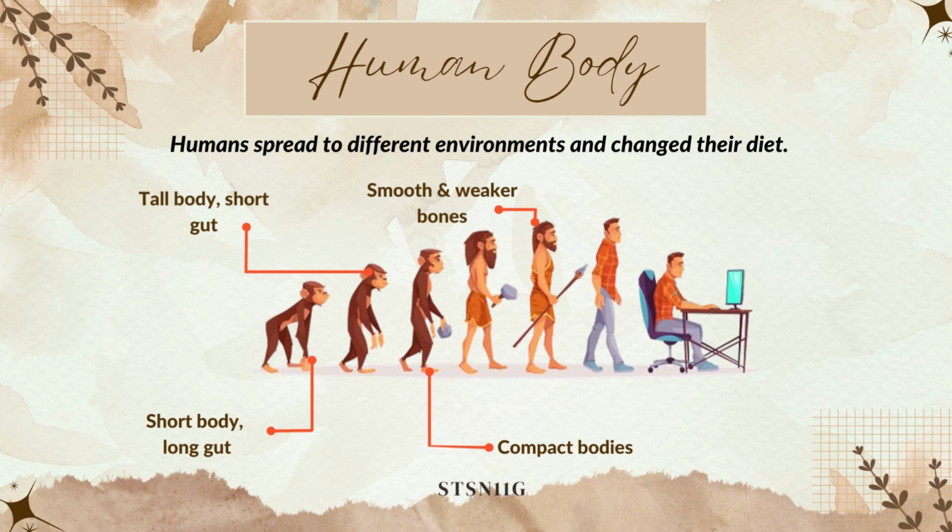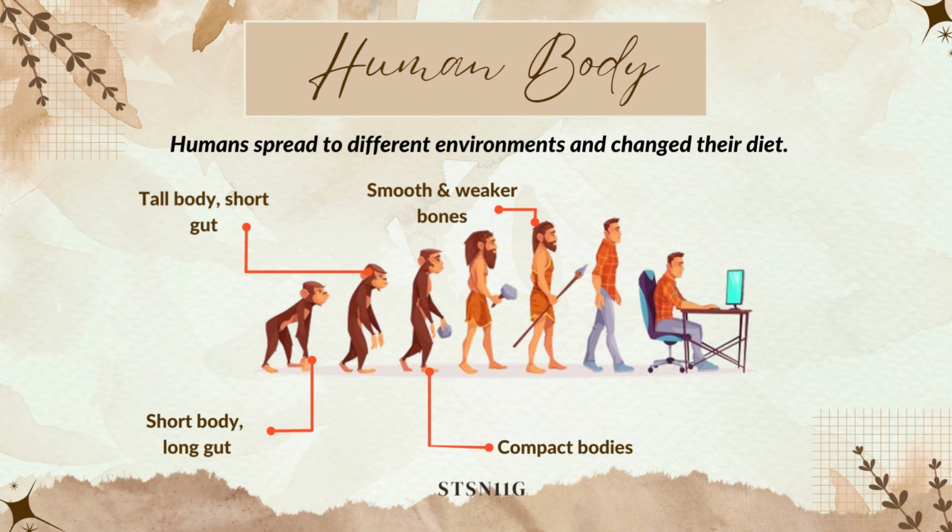Furthermore, this time our food source is more diverse than the previous period because we're already eating meat. And we're also able to easily digest food, since it's not 100% plant-based anymore. Because of that feature, our digestive system, or our gut, became smaller in comparison with the previous one.